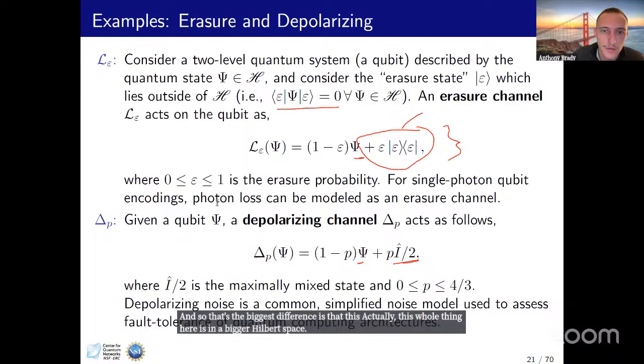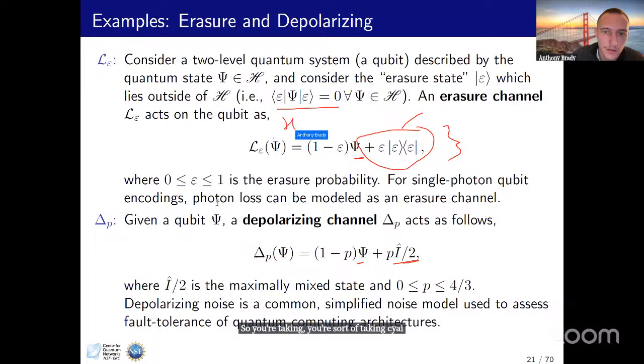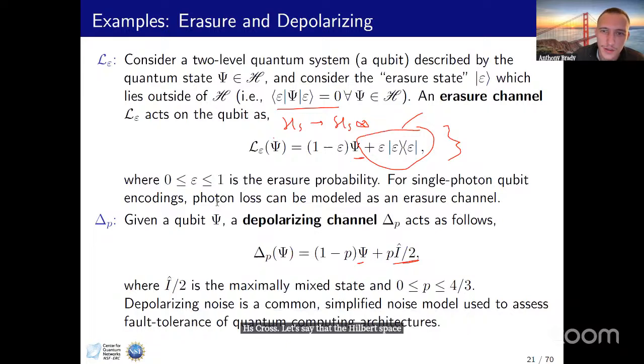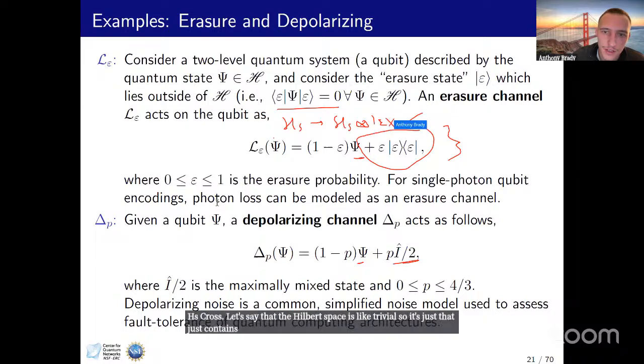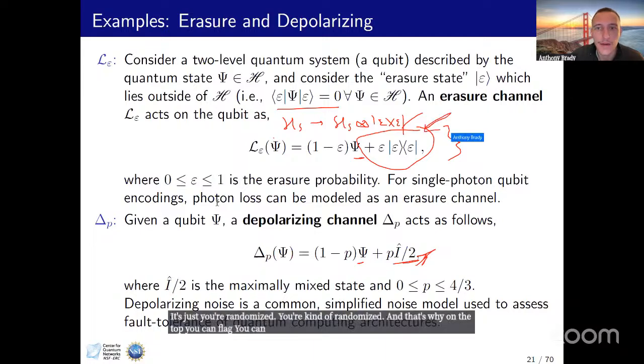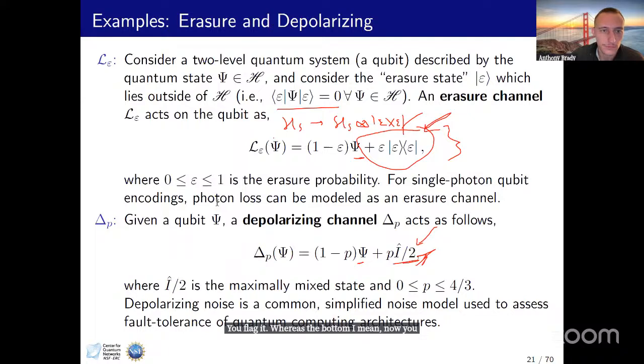You're taking psi, which lives in HS, and mapping it to a state in a bigger Hilbert space, HS cross, let's say a Hilbert space that is trivial, so it just contains one state, the erasure state. So it's a bigger Hilbert space. And here you're just staying in the Hilbert space. You're kind of randomized. And that's why on the top you can flag whether you have an erasure or not. Whereas on the bottom, now you just have a noisy quantum state. Now you just have a really bad noisy quantum state. So yeah.